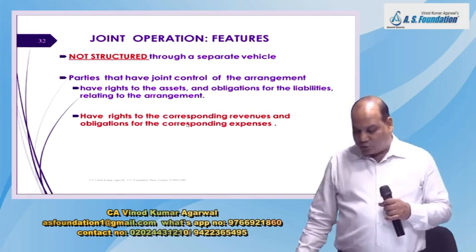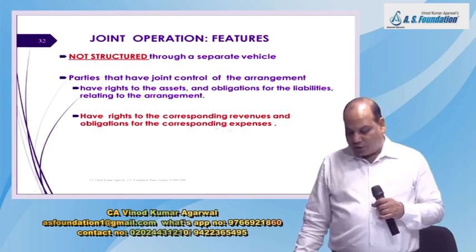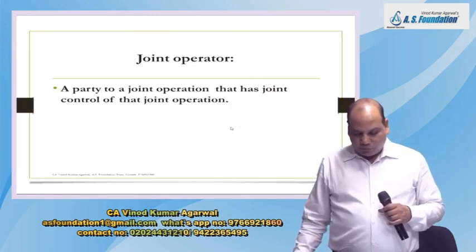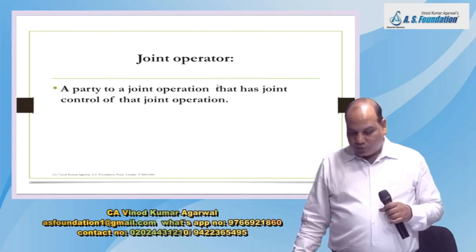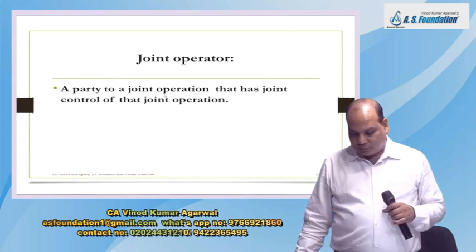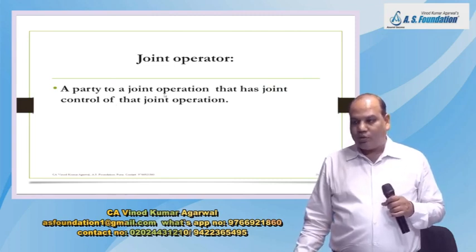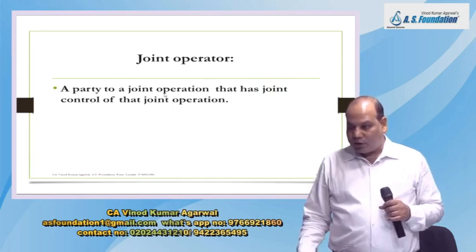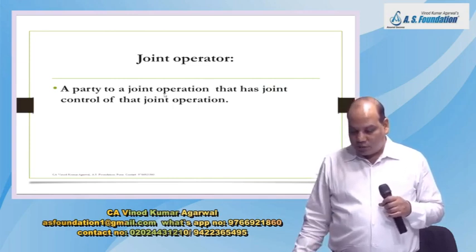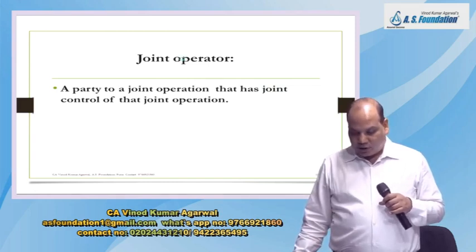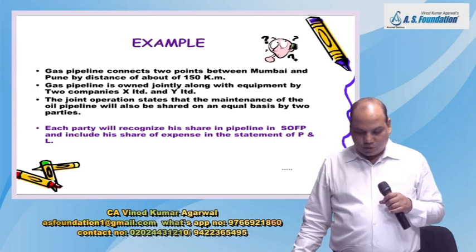So if they share the output separately, expense separately, then such features will lead us to joint operation. Then the parties to joint operation who have joint control, parties to joint operation plus they must have joint control, they are called joint operators. And then the standard will become applicable to joint operators.